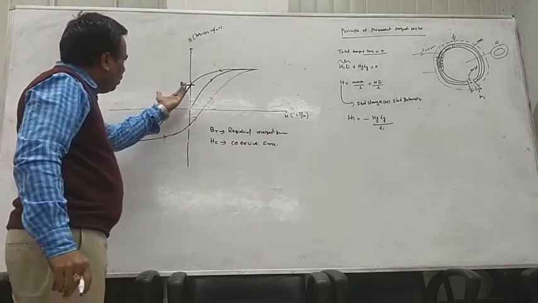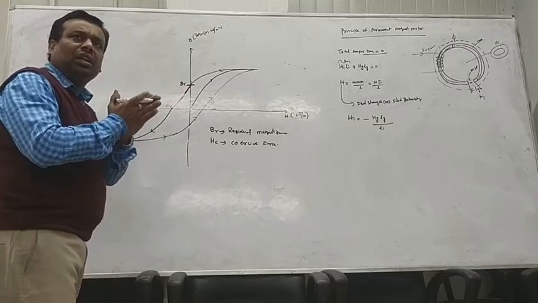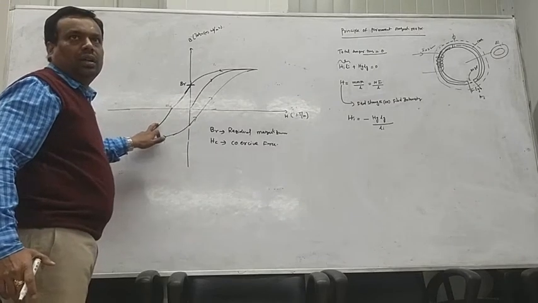So you are forcefully reducing the flux density to 0 here. That's why this is called the coercive force.